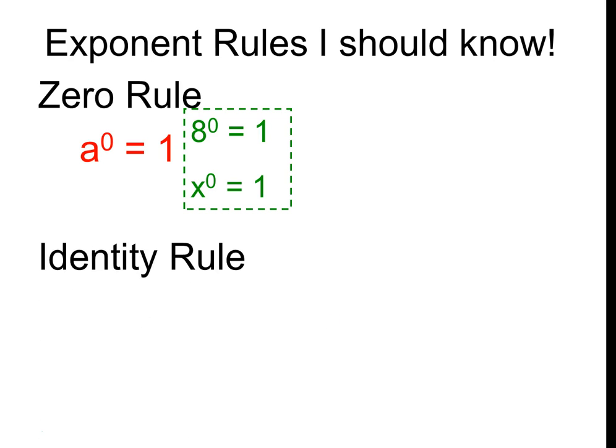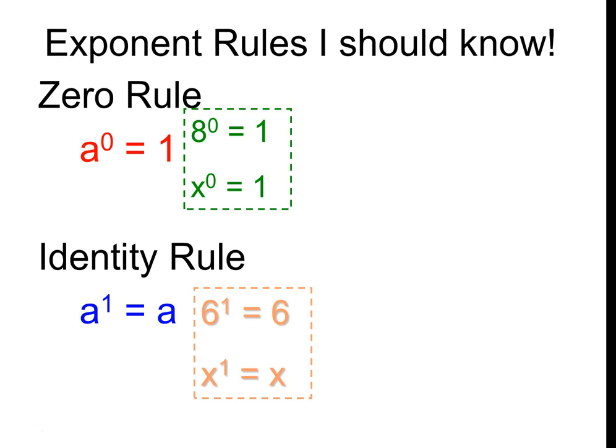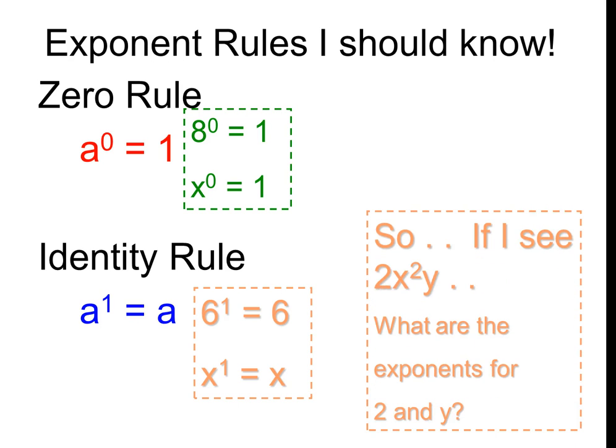All right, identity rule. A to the 1 equals A. This is what I was talking about. Anything that you see has an exponent. If you don't see it, it's a 1, and it's reminding you that 6 to the first power is still 6, and x to the first power is still x. That's the identity rule.